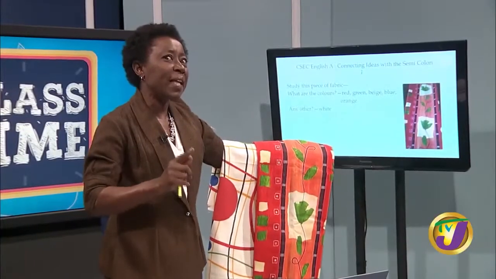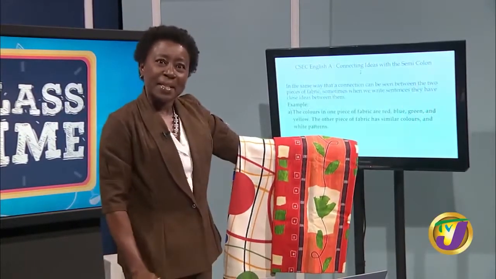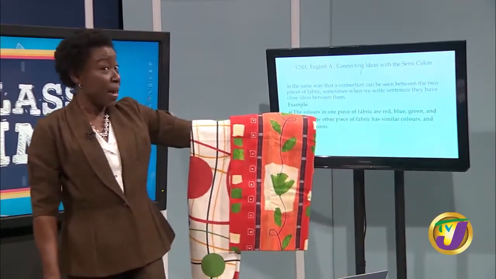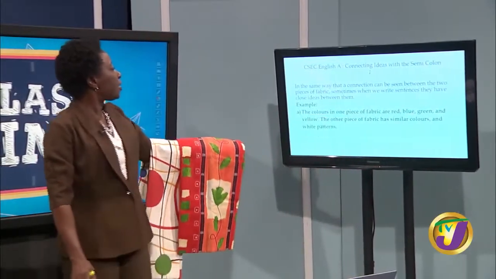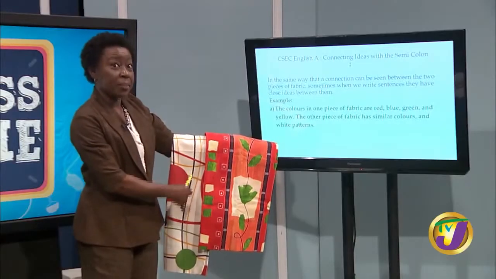That's the concept of the idea we are exploring today. Now, I could make a sentence about this, all right? The colors in one piece of fabric are red, blue, green, and yellow. The other piece of fabric has similar colors and white patterns. So, white patterns and similar colors.